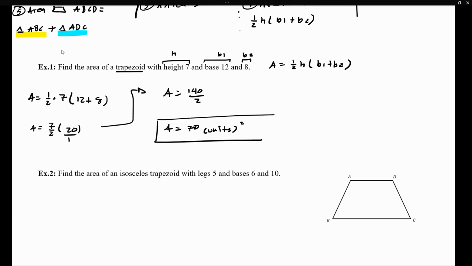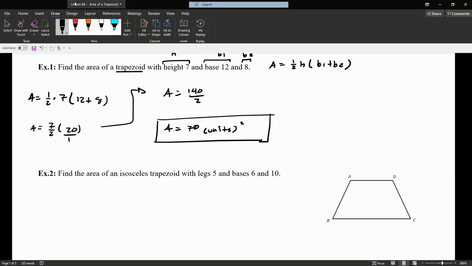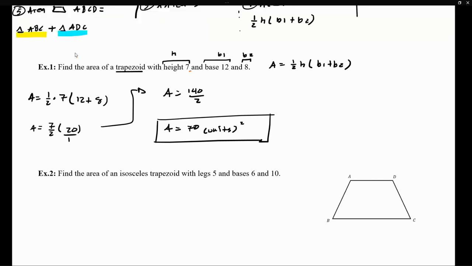We don't know what unit we're using for the length, so whatever that unit is, unit squared. If the problem had told you that 7, 12, and 8 were all centimeters, then we could write it as centimeters squared. But since that was not given to us, let's just keep it as units squared. For the most part, they're always going to give you some kind of unit in your problems.